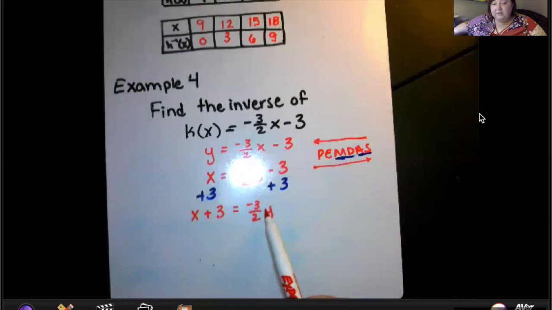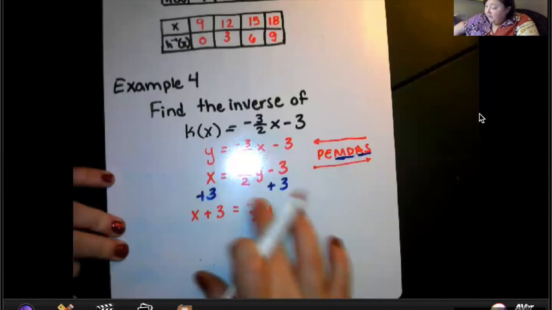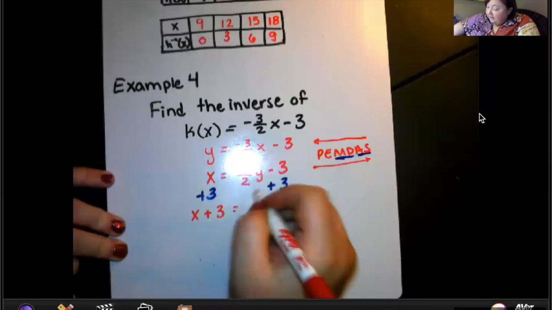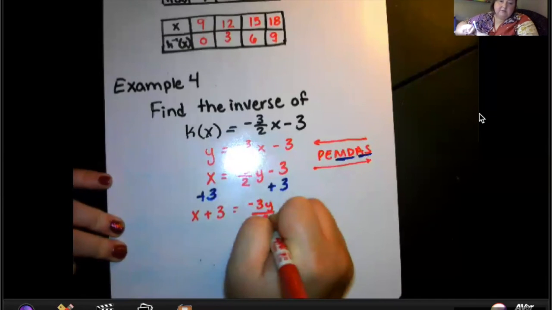If we look at this as y being multiplied by -3 and divided by 2, we can take this one step at a time and multiply by 2 and then divide by -3, which is how I like to do it. I like to look at this, instead of -3 halves y, more as -3y over 2. It's the same thing.